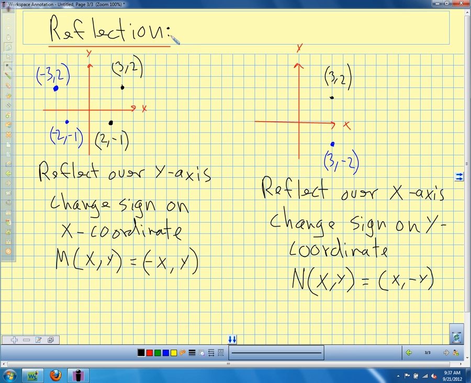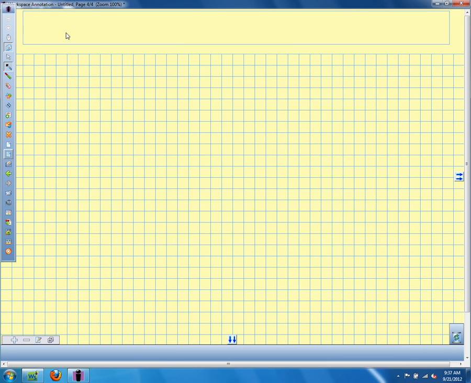So questions on that one? All right, the last one we need to talk about is a rotation. And this was the one that was in our math box. A rotation is a little more complicated to figure out what's going on with the coordinates.